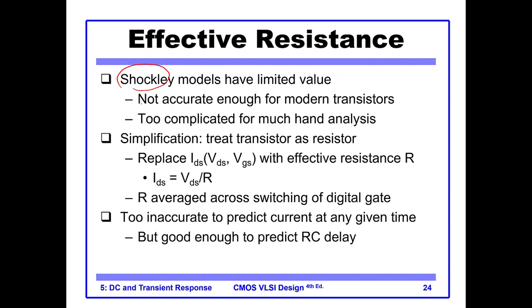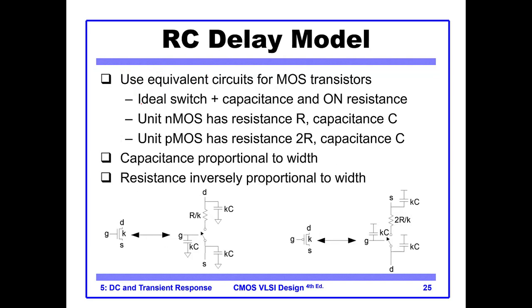So let's move directly to the RC delay model. So let's focus on this slide. We use an equivalent circuit for a MOS transistor in which we have an ideal switch plus capacitance plus on resistance.